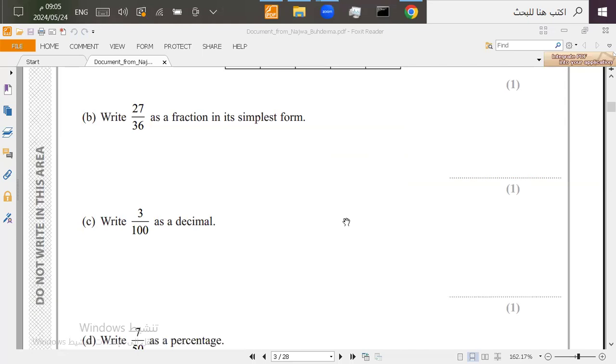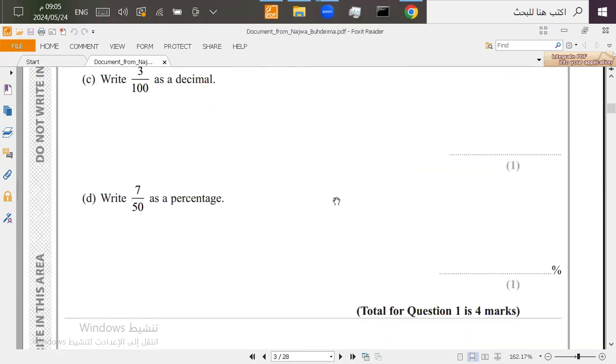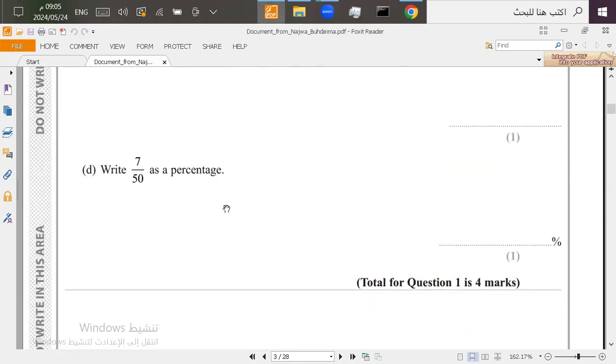Focus on the questions, take it easy, don't rush it, because sometimes you have simple mistakes and you won't notice until you focus. Write 7 over 50 as a percentage. To write anything as a percentage, you have to multiply it by 100. So 7 over 50 multiplied by 100 will give you the percentage that you need.